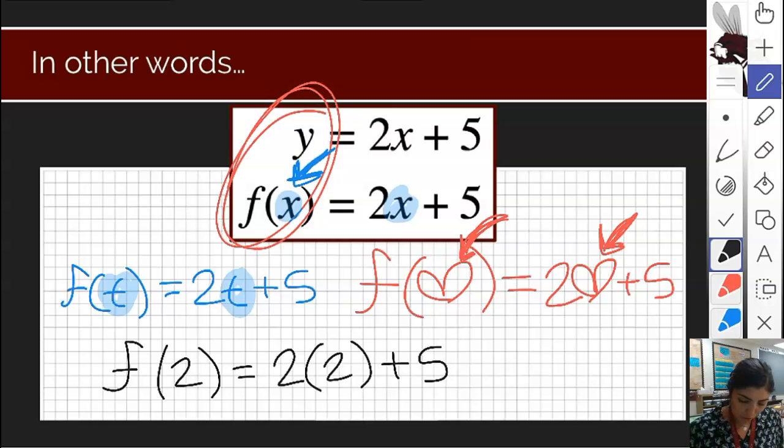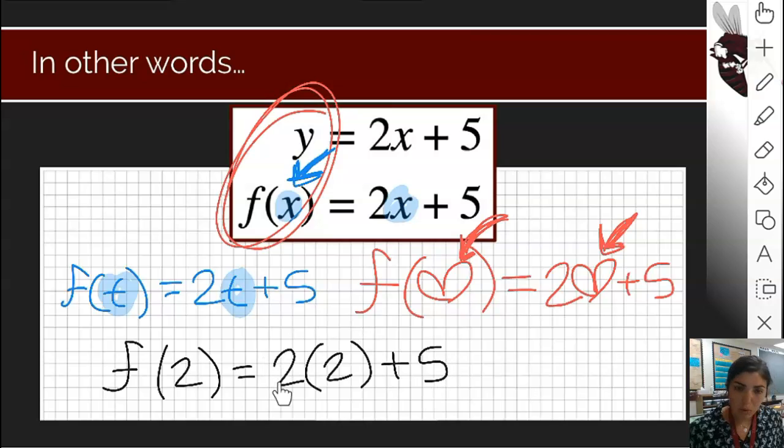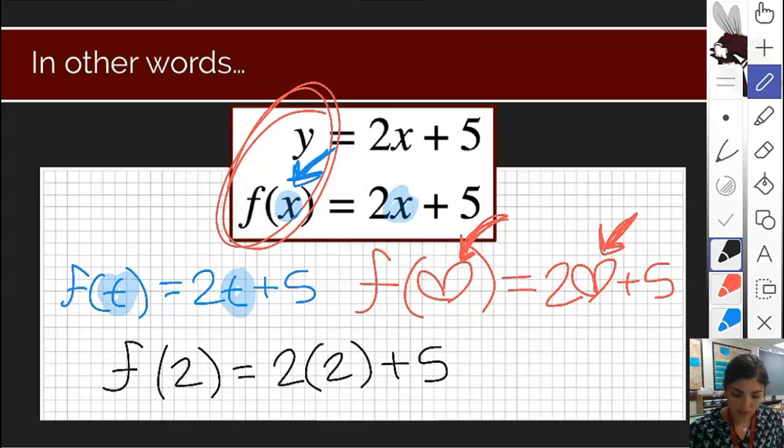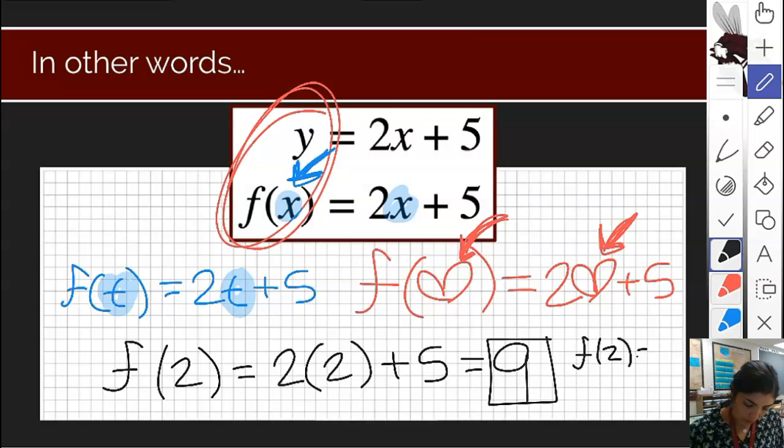Since we have solely numbers here, no more letters, no more symbols, we can do this mathematical problem. This is something I know how to do in my head or in my calculator. So I would calculate 2 times 2, which is 4, plus 5, which is 9. So we would say that f of 2 is equal to 9, or that we have the coordinates (2, 9), because that's my inputs and my outputs.